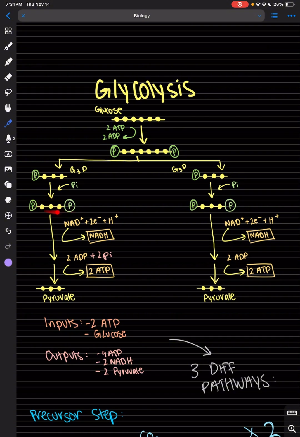And so when this is stripped of its electrons and broken down, these two phosphates are going to be added to the ADP found in the cytoplasm and make 2 ATP.